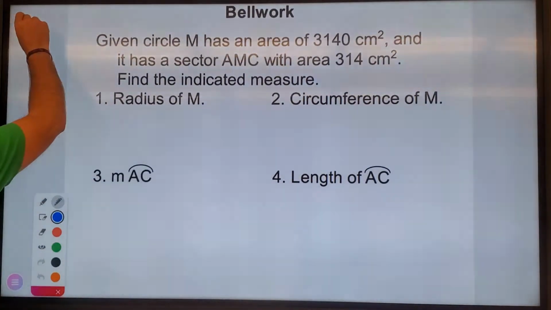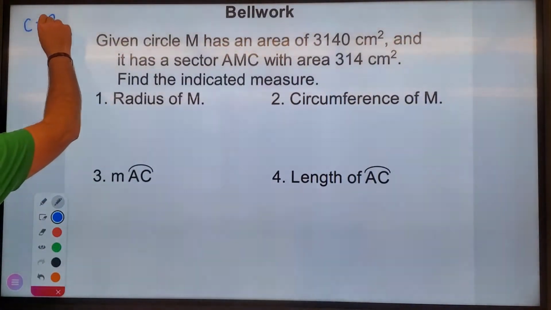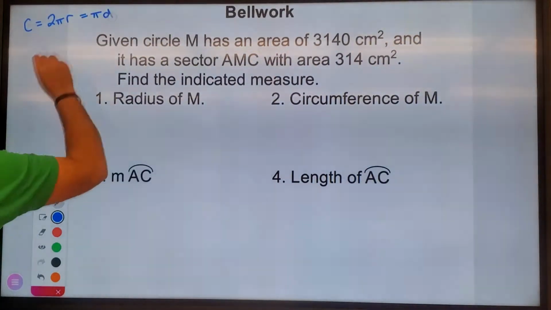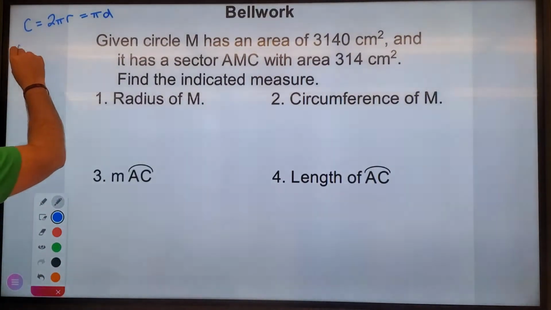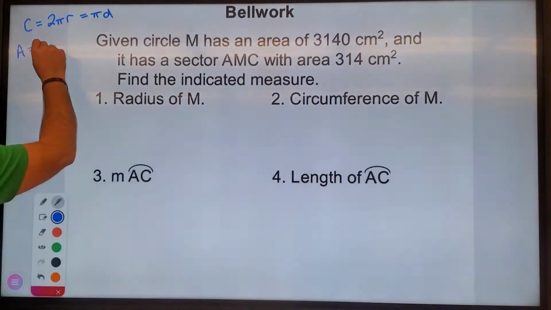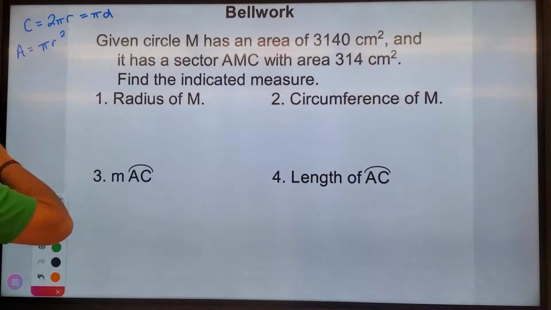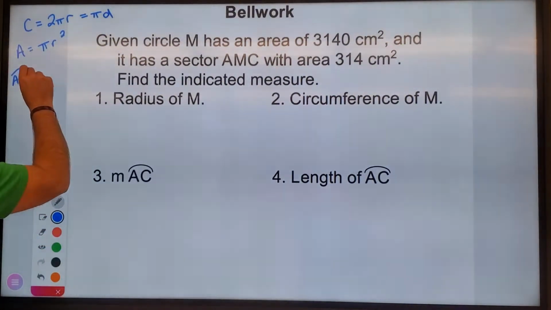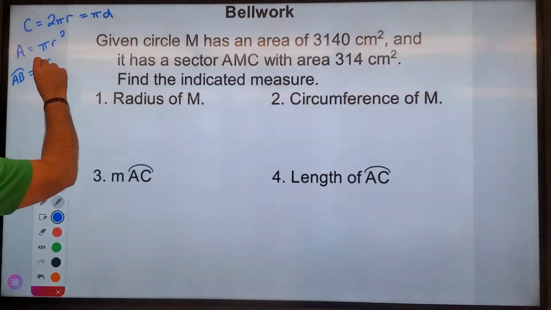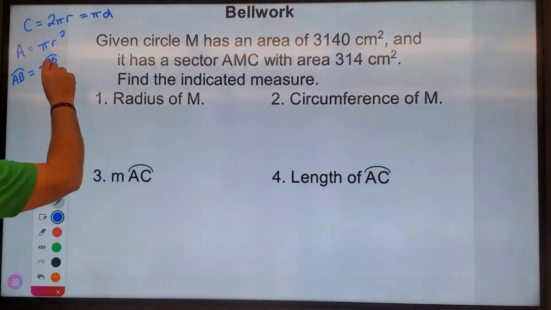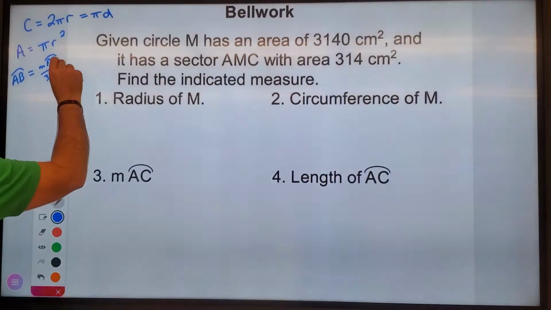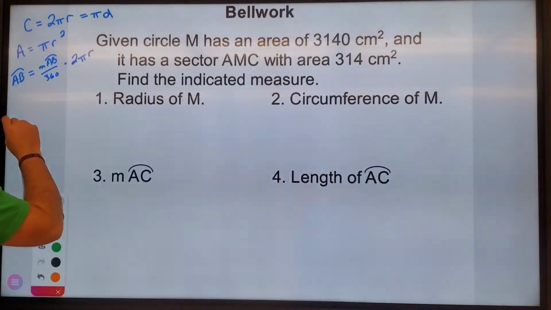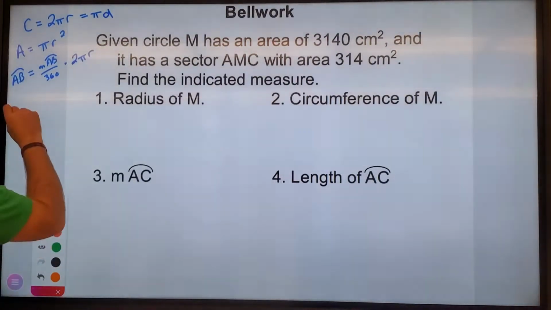So circumference was 2 pi r, or pi times the diameter. Area was pi r squared. Arc length was the measure of AB over 360 times 2 pi r, or the circumference.